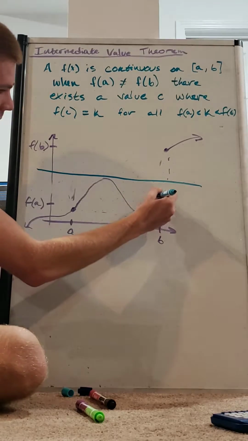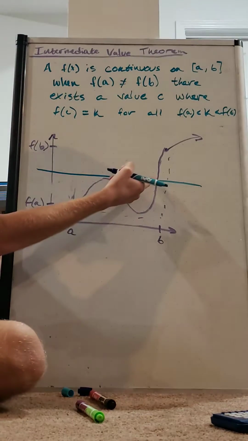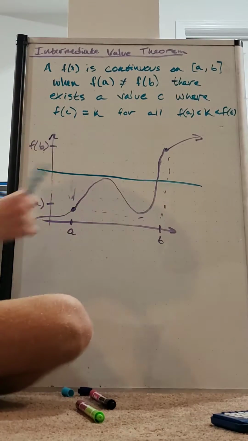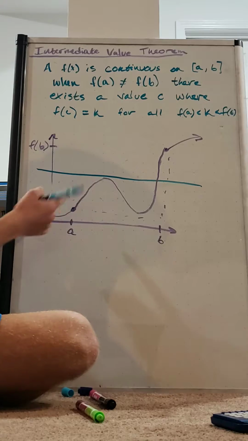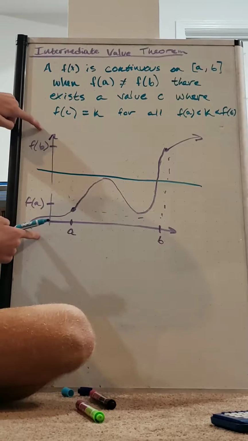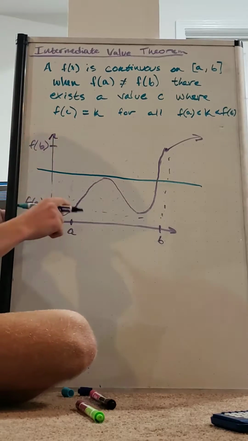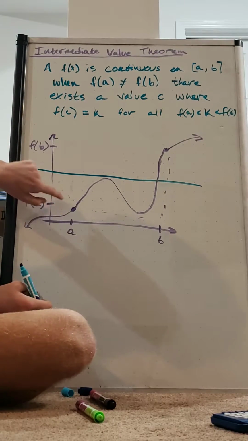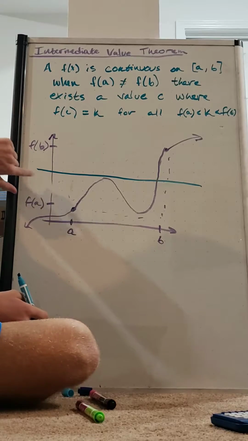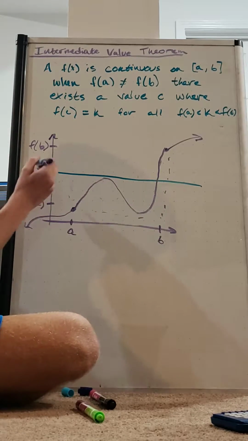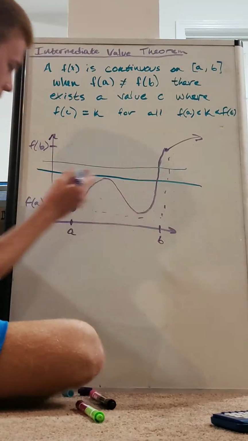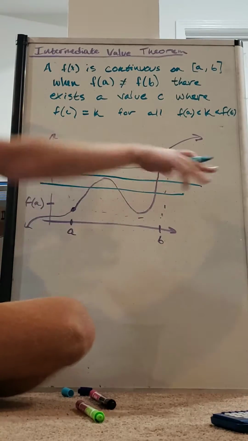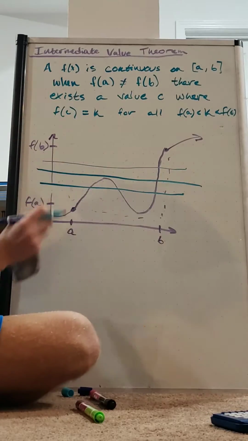But then eventually we're always going to have to go up through this line to get to here. That's all the intermediate value theorem states, that for every y value between the starting and end points on an interval, every y value is accounted for. Like there's no way the function can get from here to here without crossing every single line. Like it also crosses there, and it also crosses here. It crosses every line we can draw to get to that point.